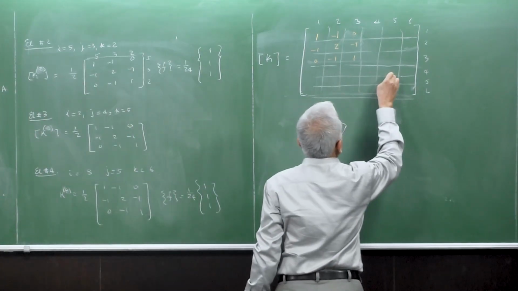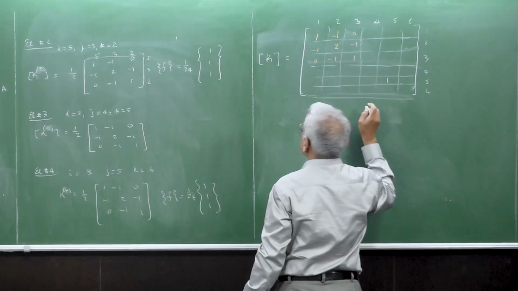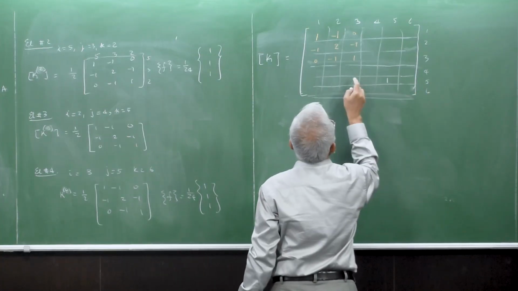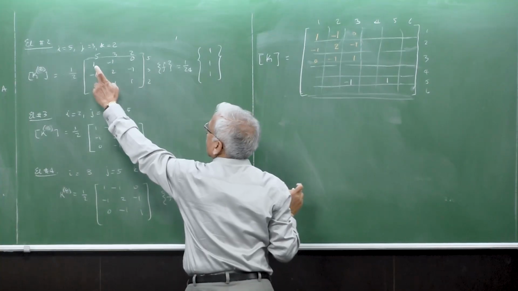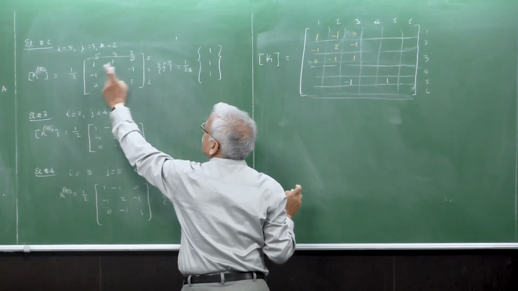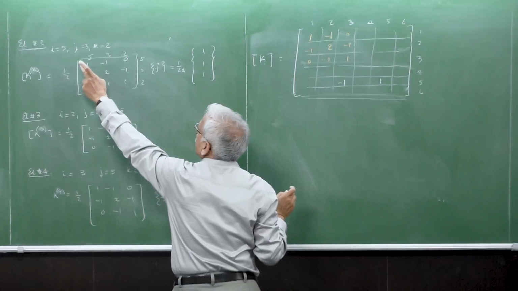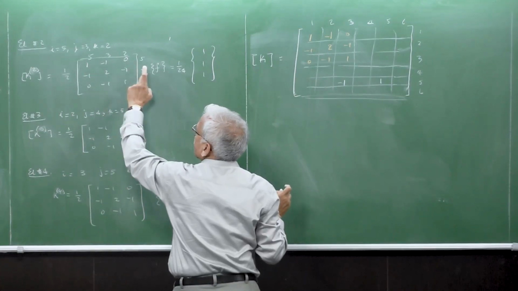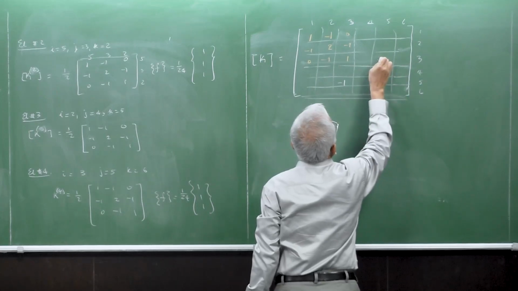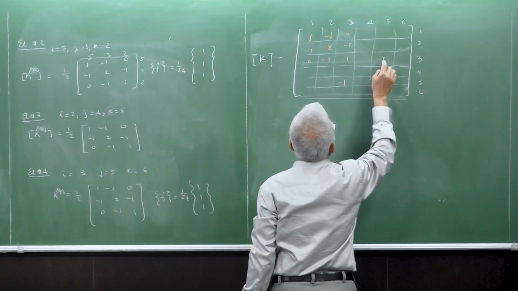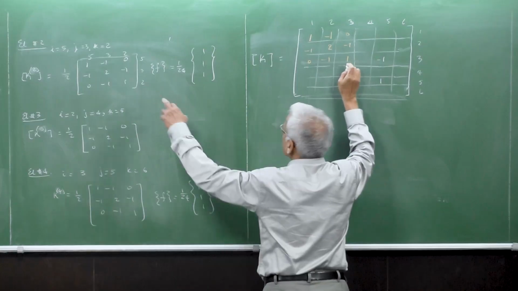So 5, 5 is here, and 5, 3 is minus 1. And then this is 3, 5, so 3, 5 is minus 1, and 3, 3 is 2.